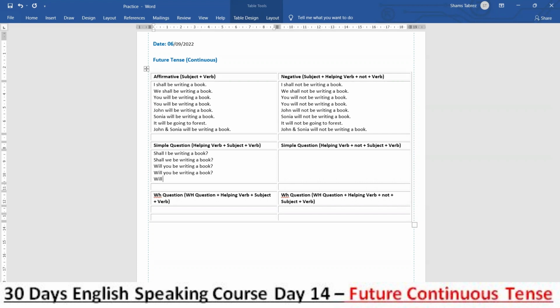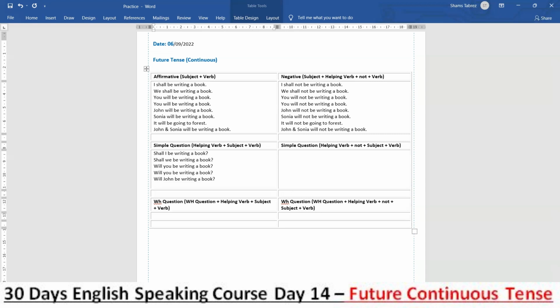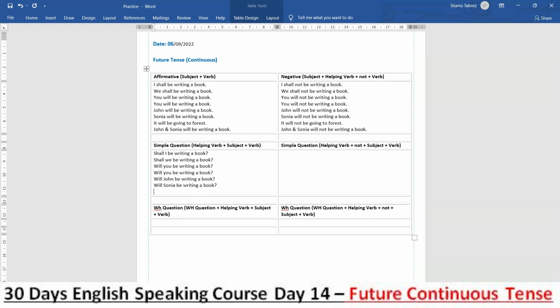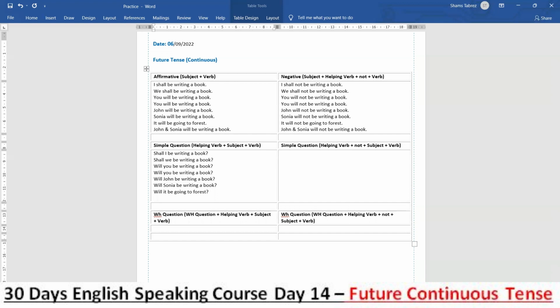Will John be writing a book? Will Sonia be writing a book? Will it be going to forest? Will John and Sonia be writing a book? Perfect.